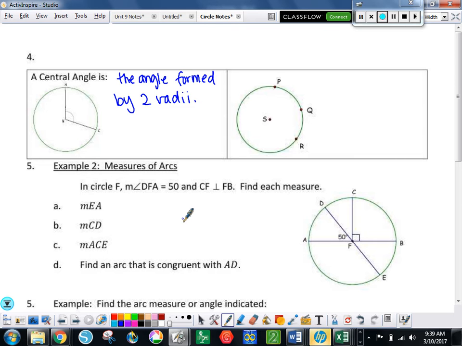And you could have more than one central angle depending on where the central angles are. This right here is one central angle. This right here is another central angle.